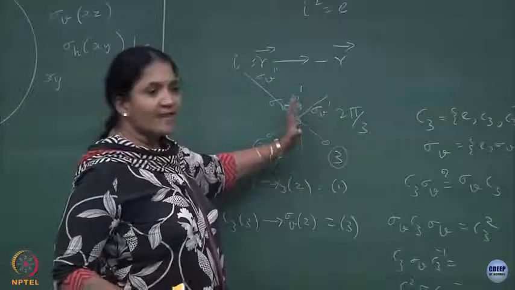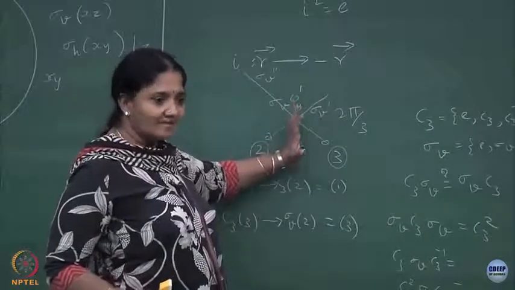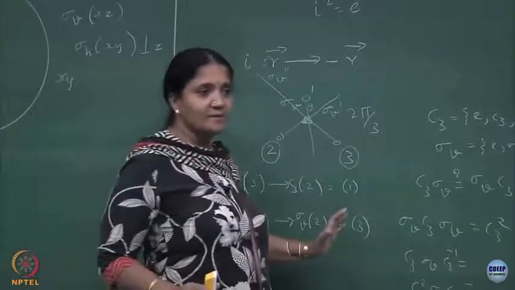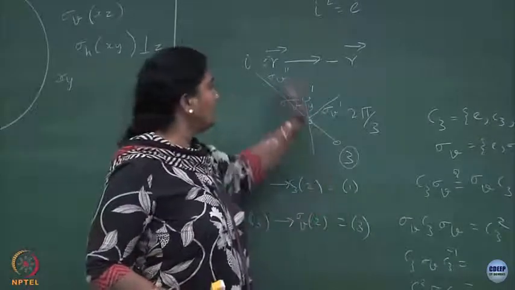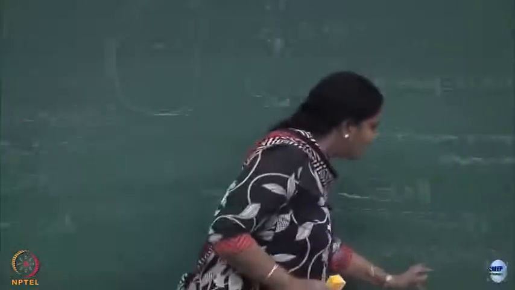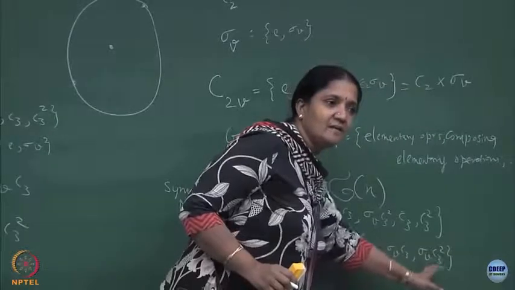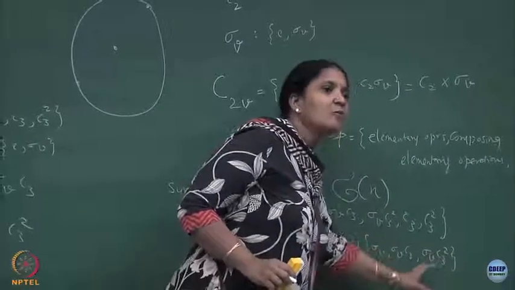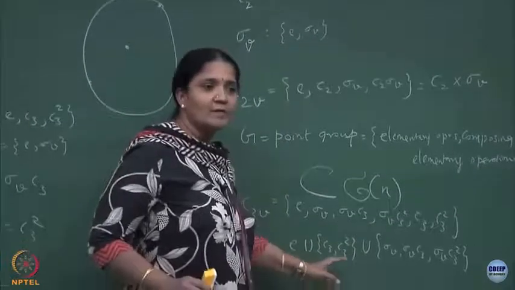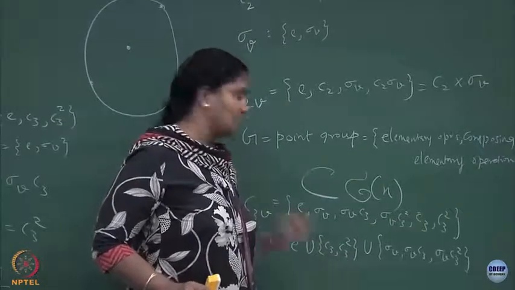You can show that if you have a principal axis and 3 planes, the 3 planes will be related by a similarity transformation. So, they will all be conjugate to each other. That is why this set of elements, which are the 3 mirror planes, will be conjugate to each other, and C3 and C3 squared belong to the conjugacy class.